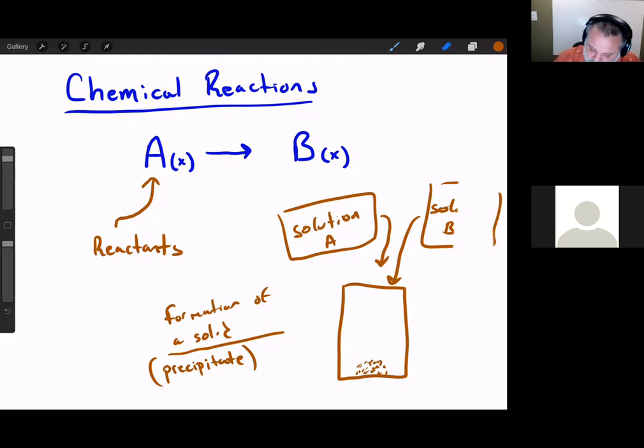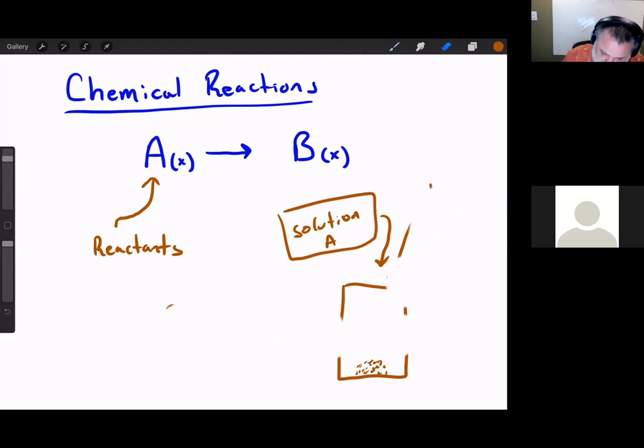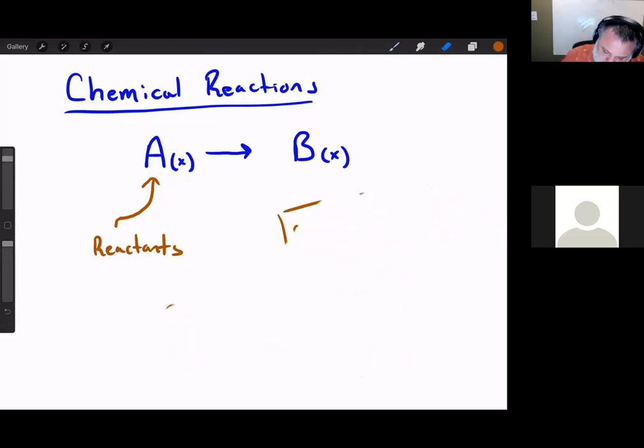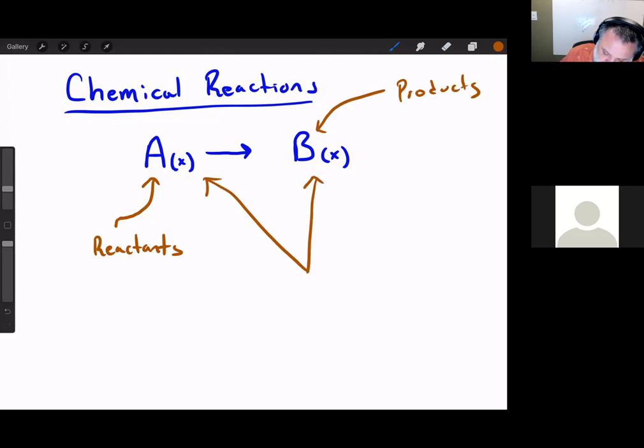Okay, so let's go ahead and get rid of that. Let's go back to this diagram. All right, so these are reactants. These are products. And these are the states. What can the states be?